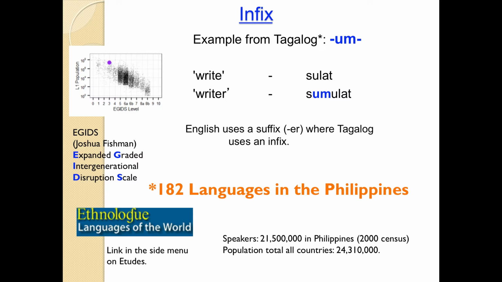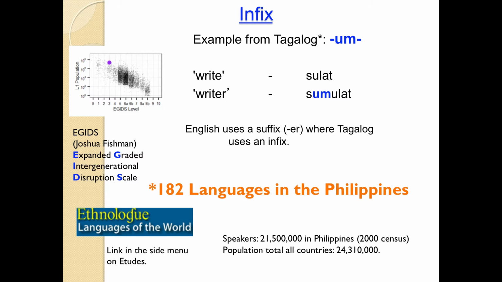Okay, so there are 182 languages in the Philippines, and I want you to know a little bit more about that. There is a great internet site called the Ethnologue, Languages of the World, and I have a link for you in the side menu on Etudes. You can click around on the world map, or you can do a search by a language name, and you can get the most up-to-date information in terms of statistics and other information about each of the 7,000 or so languages that we have knowledge of.